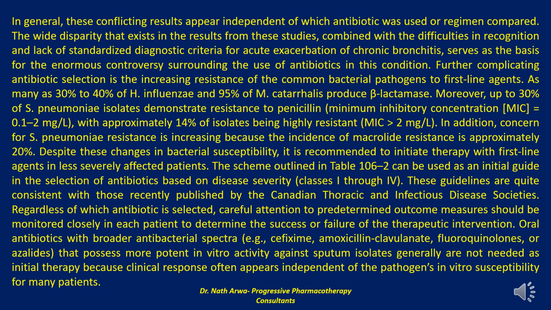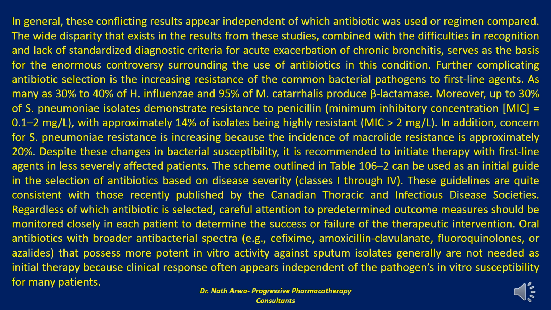In general, these conflicting results appear independent of which antibiotic was used or regimen compared. The wide disparity that exists in the results from these studies, combined with the difficulties in recognition and lack of standardized diagnostic criteria for acute exacerbation of chronic bronchitis, serves as the basis for the enormous controversy surrounding the use of antibiotics in this condition.